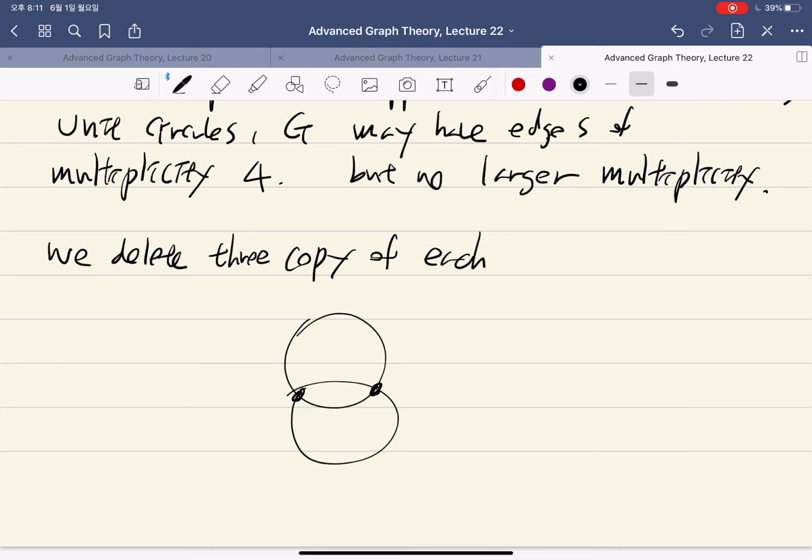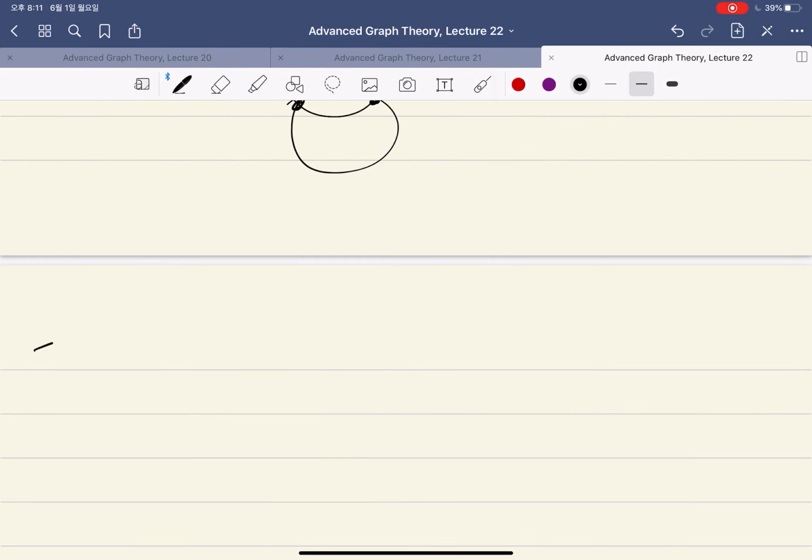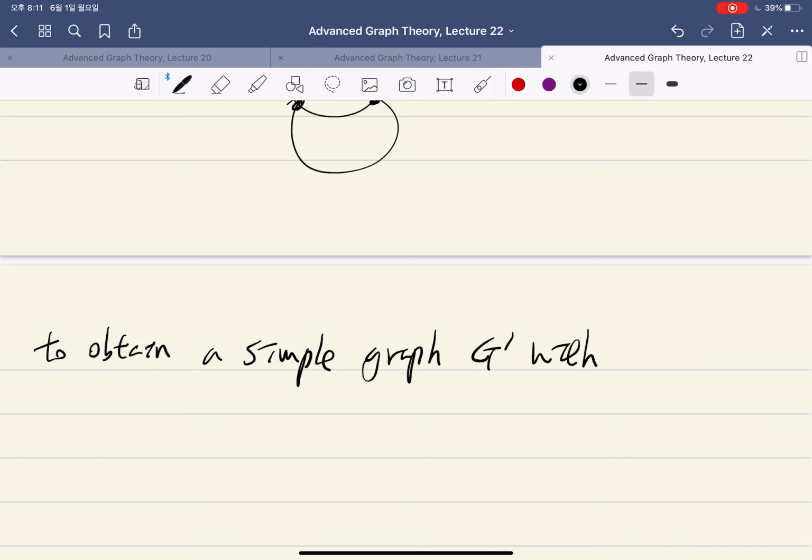Yeah, okay. If I delete the 3 copies of each duplicated edge, we obtain a simple graph G prime with at least say Q over 2 edges.